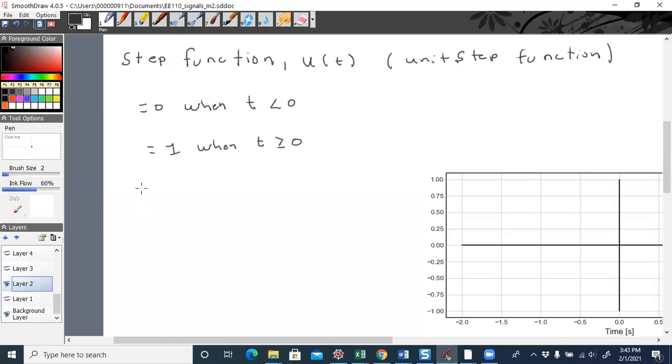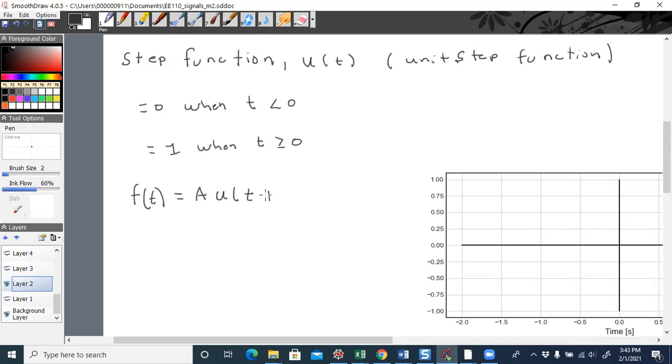And we can scale this, right? We can multiply it by a constant. And so if a is 10, this will be 10 when t is greater than 0, and it'll still be 0 before.